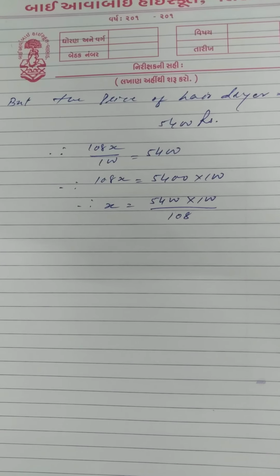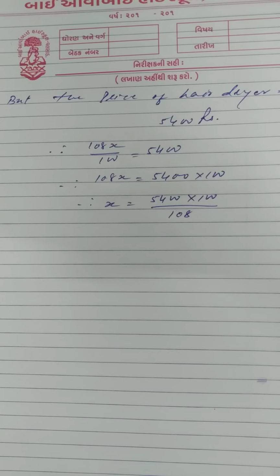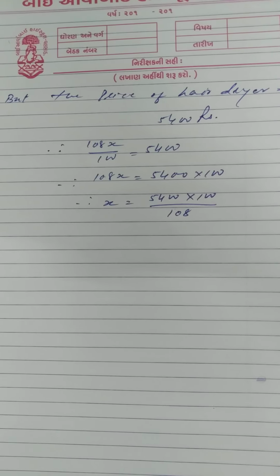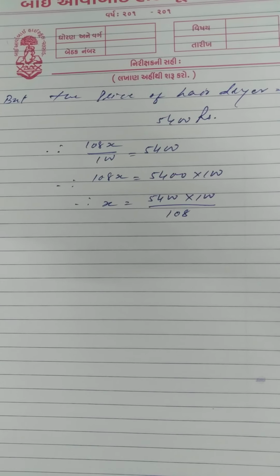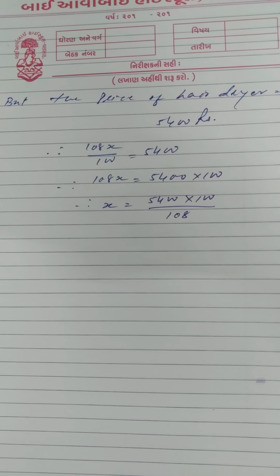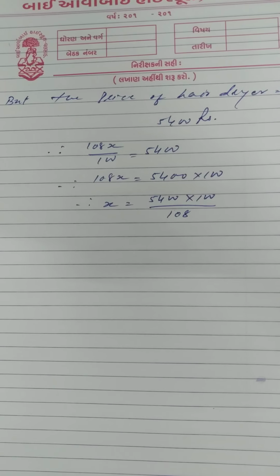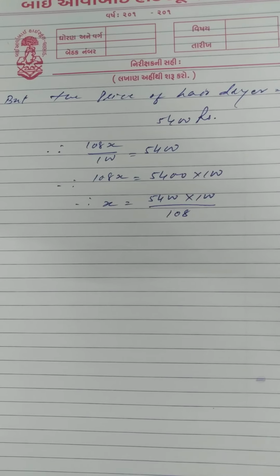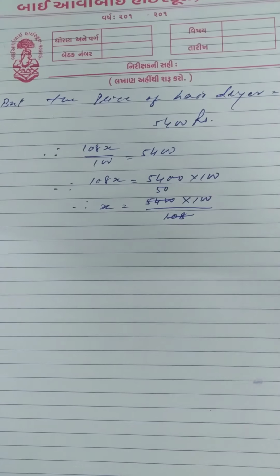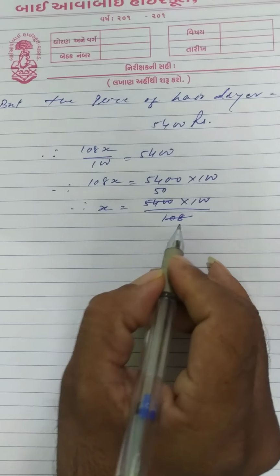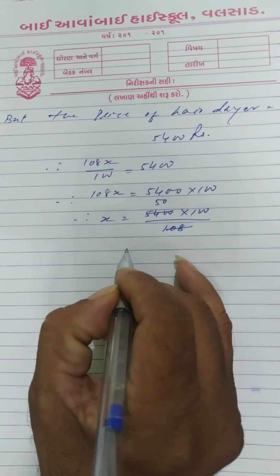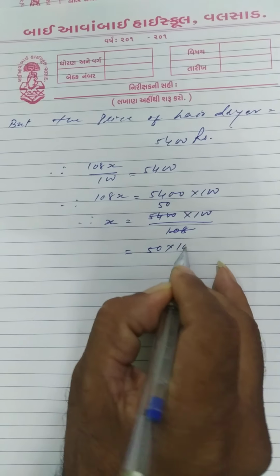Now let's see the division. 5,400 divided by 108. How many 50s are there? 108 50s are 5,400. So it is equal to 50 multiply 100.